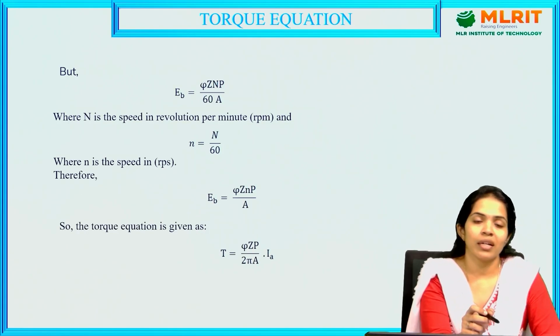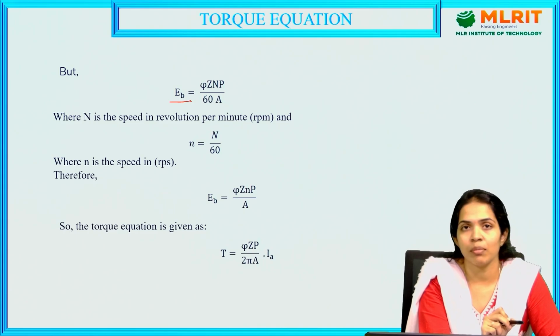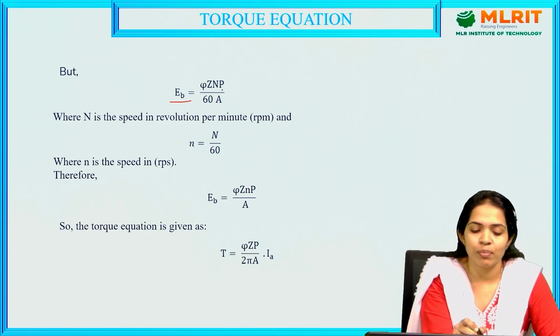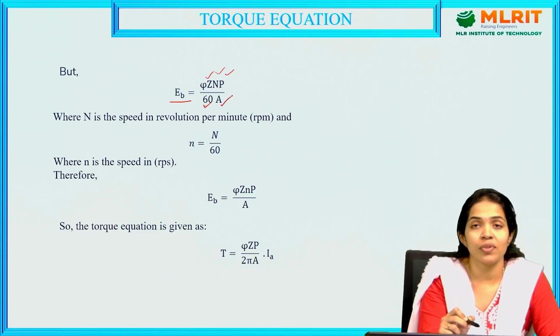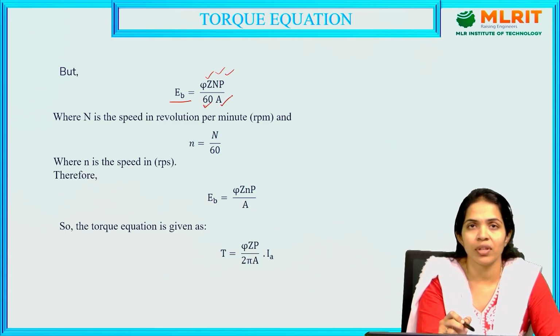We know that the back EMF or the generated EMF has the equation phi Z N P by 60A. The terms Z, N, P, 60 and so on we have derived in the EMF equation of the DC generator. The same EMF can be considered for the DC motor also.